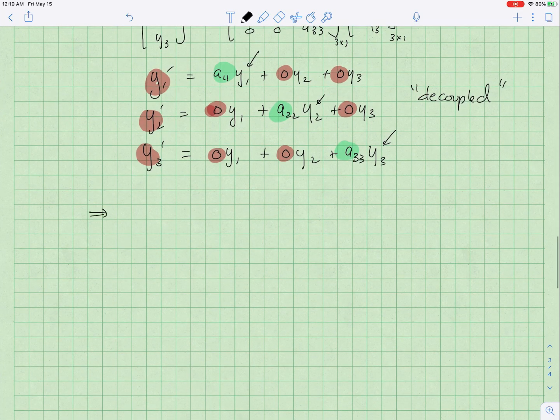That is to say, this is now three very separate, separable differential equations.